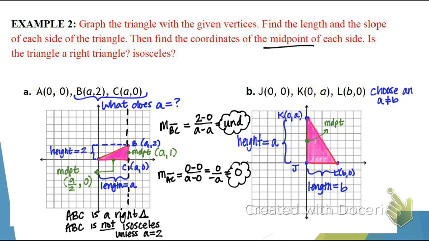So we expect the x coordinate to be 0, but the y coordinate to be half of a. We can do something very similar for the midpoint at the base of the triangle. The x coordinate we expect to be half of the x coordinate of L, since it's halfway to L, so that would be b over 2, but it's on the x-axis, so we expect the y coordinate to be 0. Oops, let's fix that.